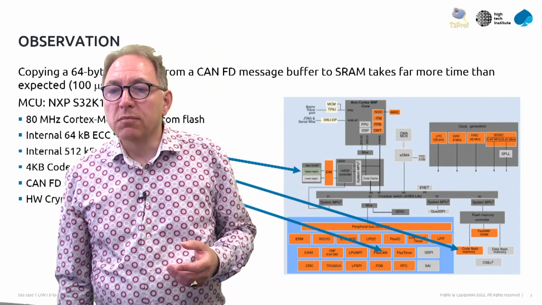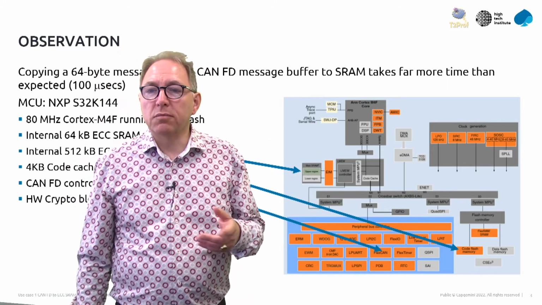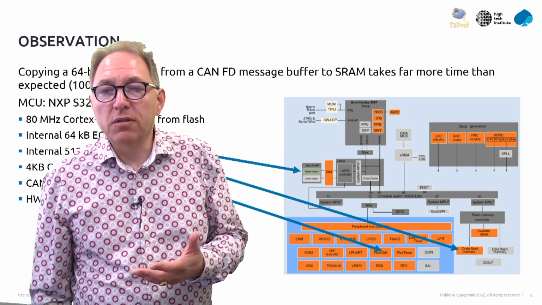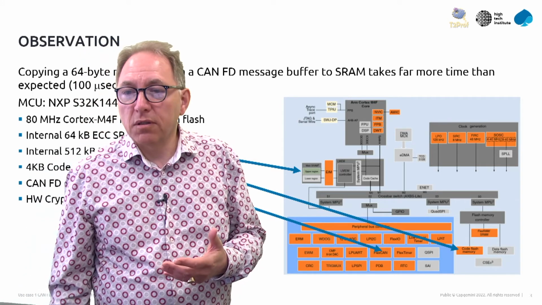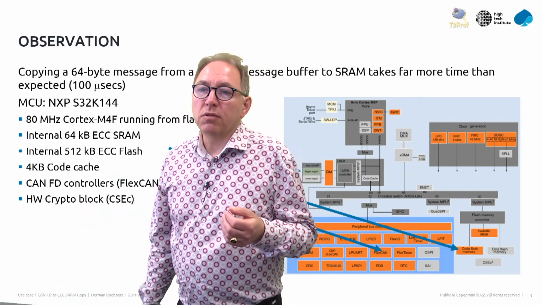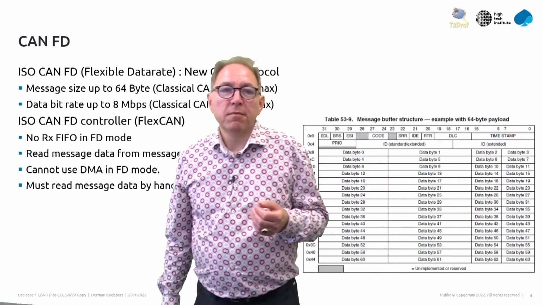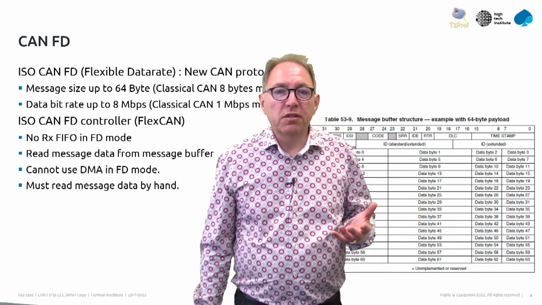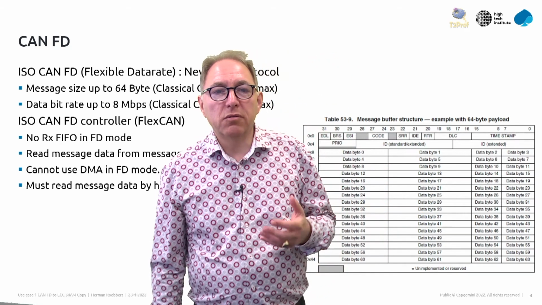Looking at the picture, we have some blocks inside this chip, and the ones we are looking at are the SRAM and the FD controller. Flexible data rate is an extension of the classical CAN protocol, where you only have 8 bytes.